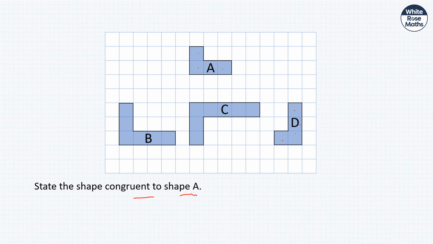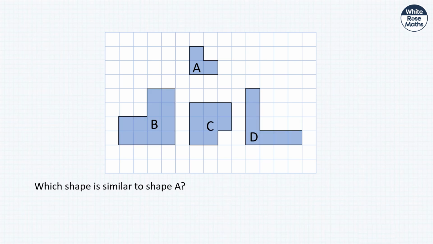This has just been rotated, so it's shape D that is congruent to A. So congruent means the exact same size shape, and also the same angles inside the shape.